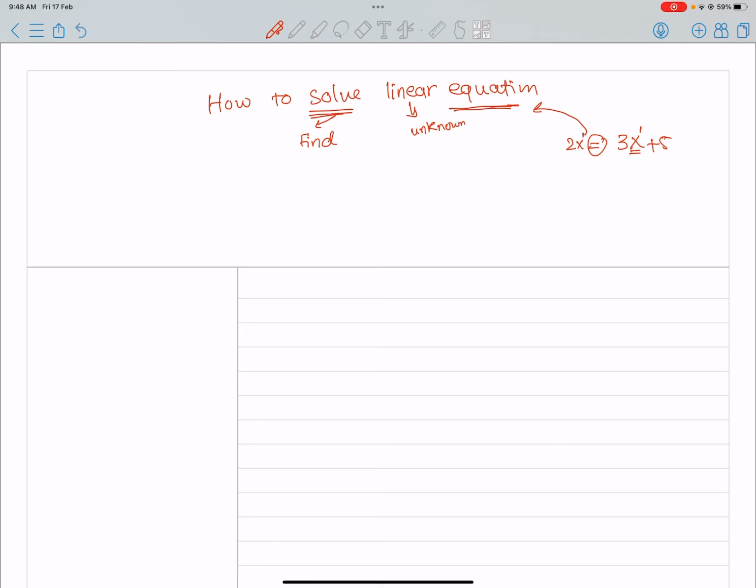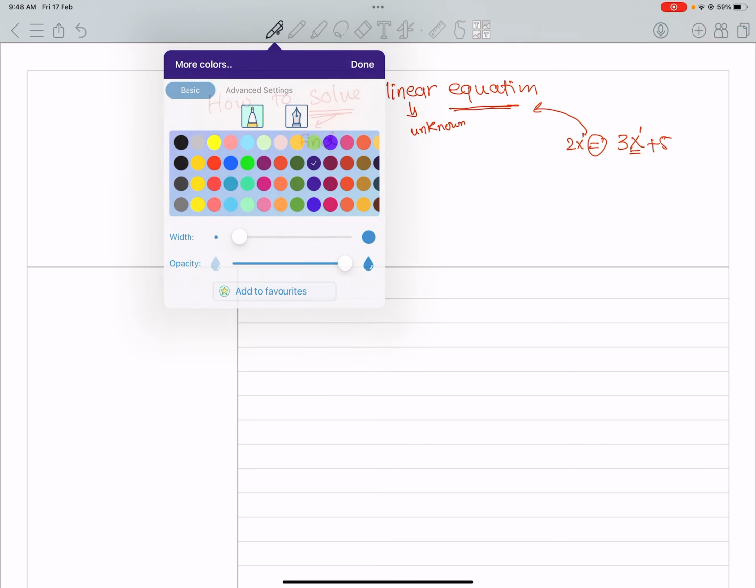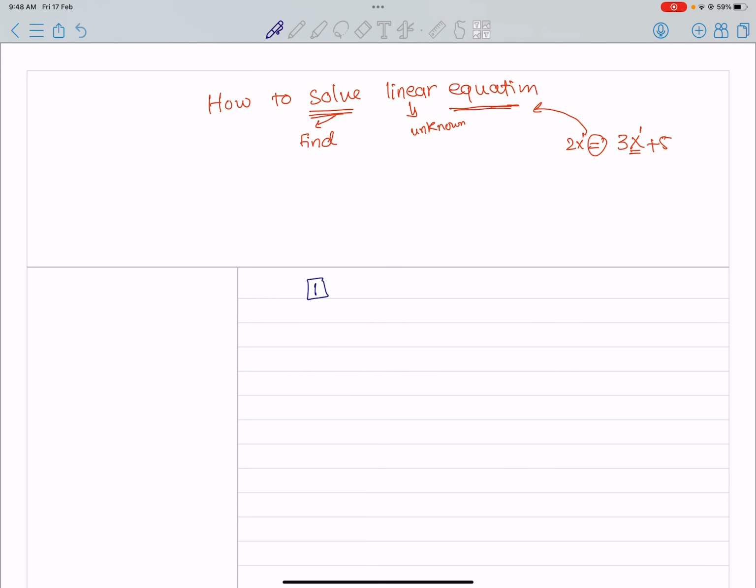To solve a linear equation, we have number one, for example, you have 2x plus 3 is equal to 4. If you see here, the unknown is here, okay, and we have a 3. So we transfer 3 to another side, then we say that 2x is equal to 4 minus 3.